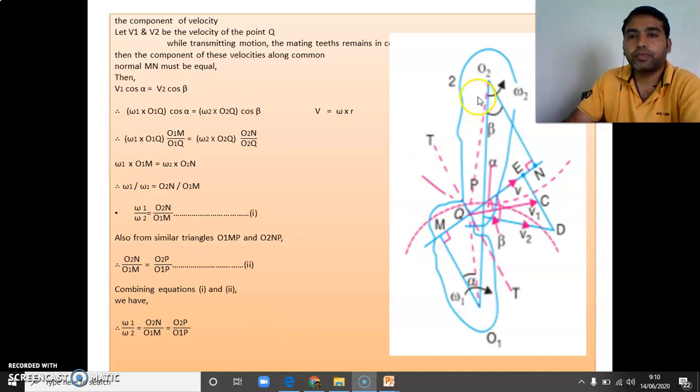Now in this figure, two gears are meshed with each other: gear 1 and gear 2, with centers denoted by O1 and O2.